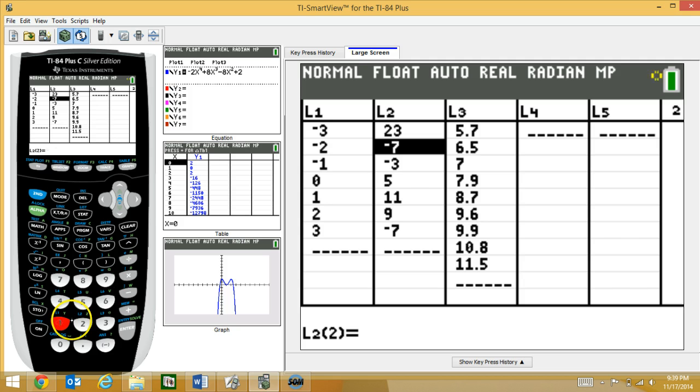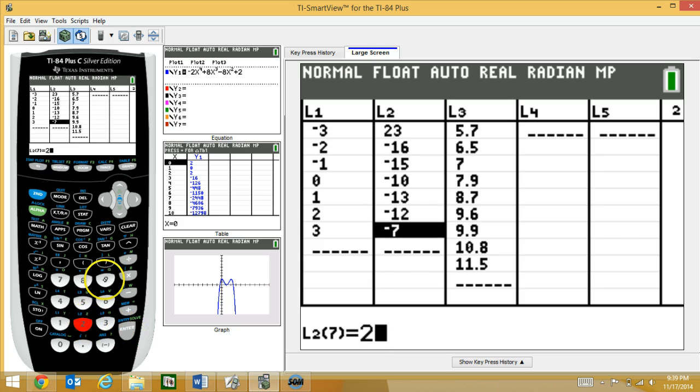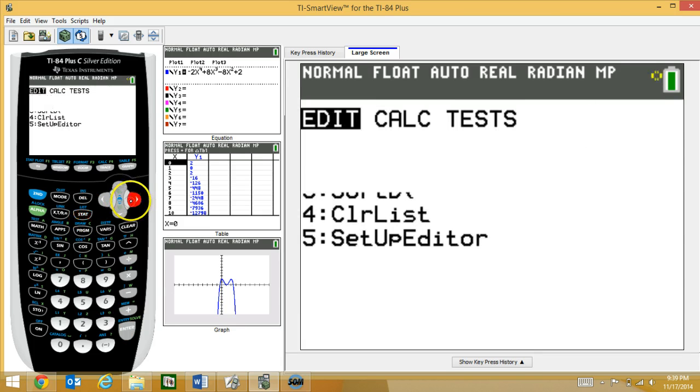So negative 16 for the second one, then negative 15, then negative 10, then negative 13, negative 12, and then 29.